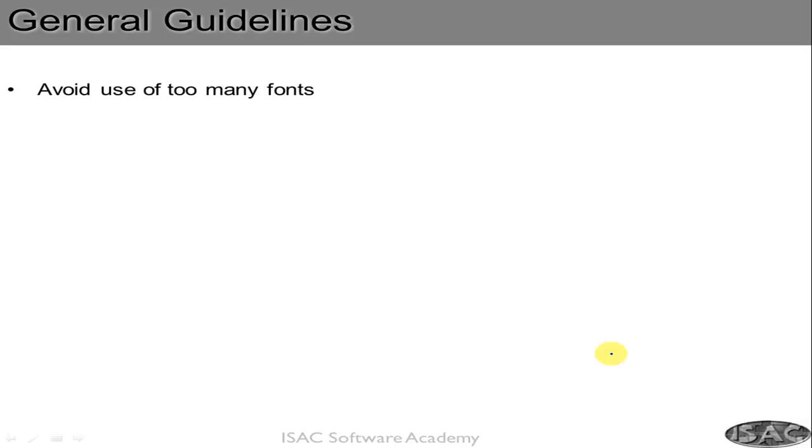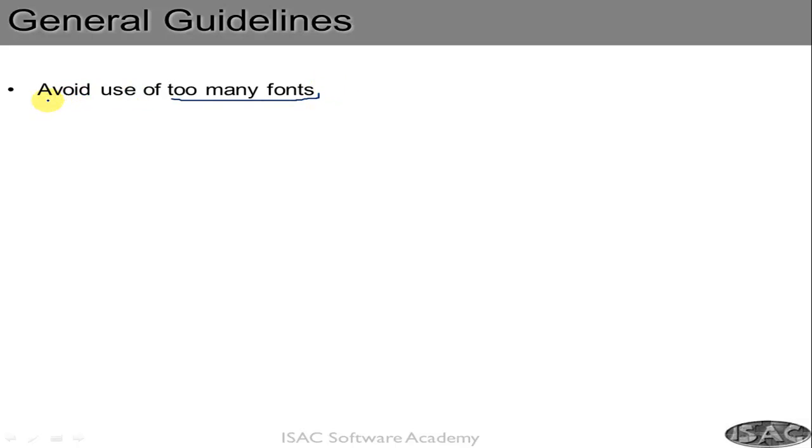Now let us go to general guidelines in creating a web page. The general guideline is do not use too many fonts, because if you use too many fonts, readability is a problem. People may not be able to read.